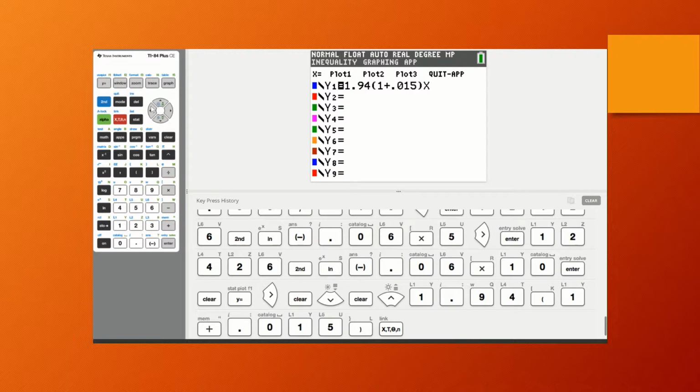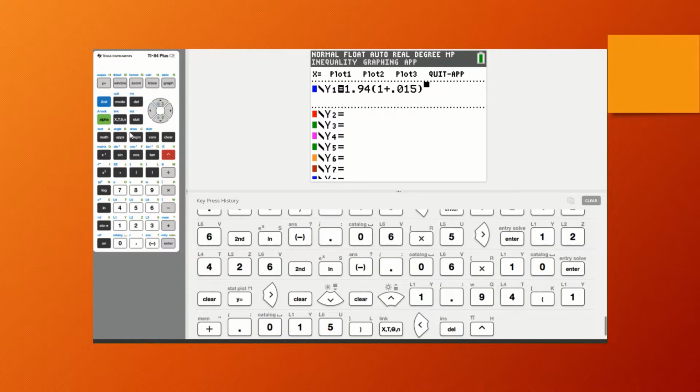I have to hit caret to raise it to the power of x.